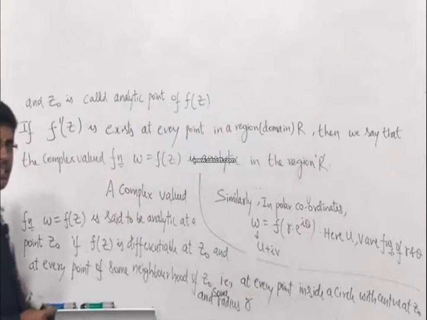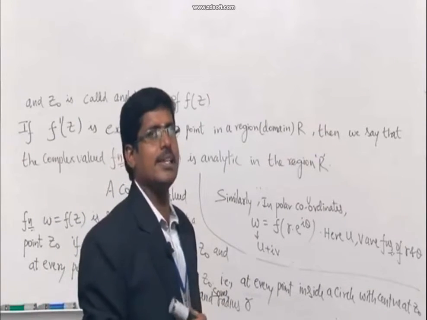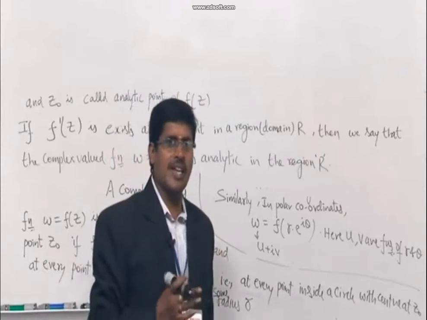So the previous definition tells that analytic at a point. Now this definition tells that analytic in a region R. That means at every point f dash z exists.